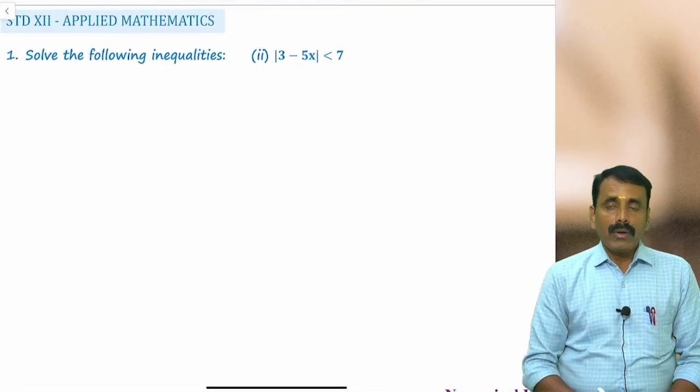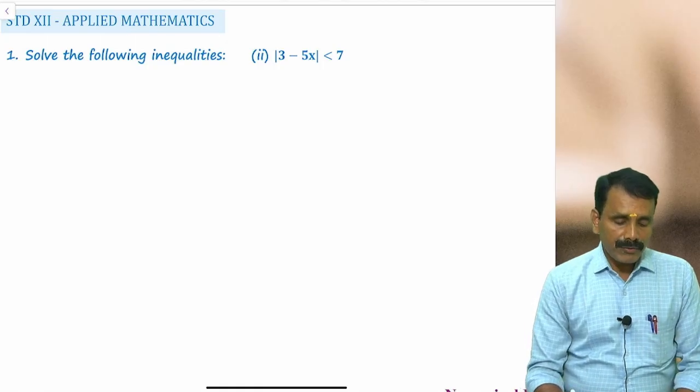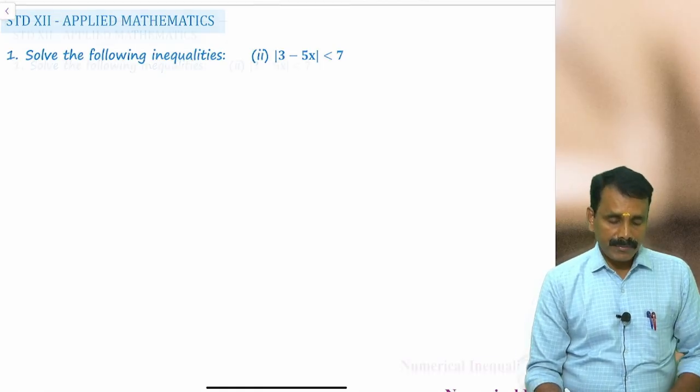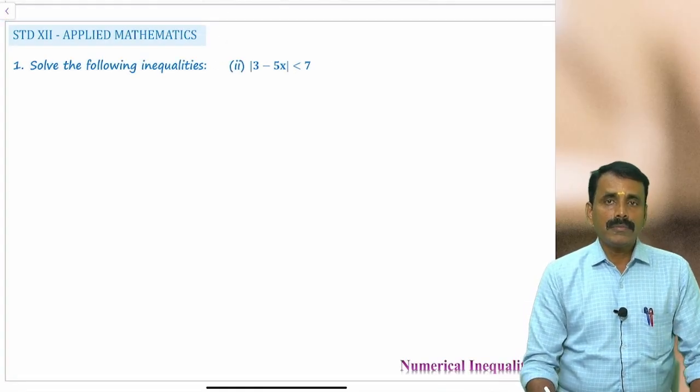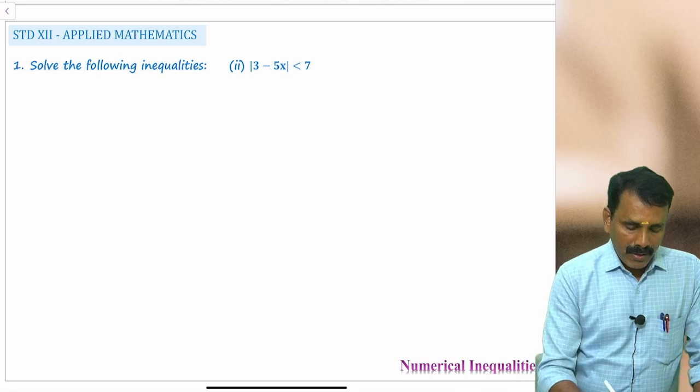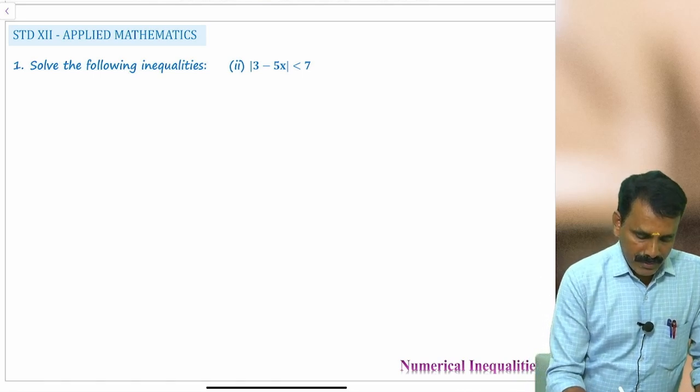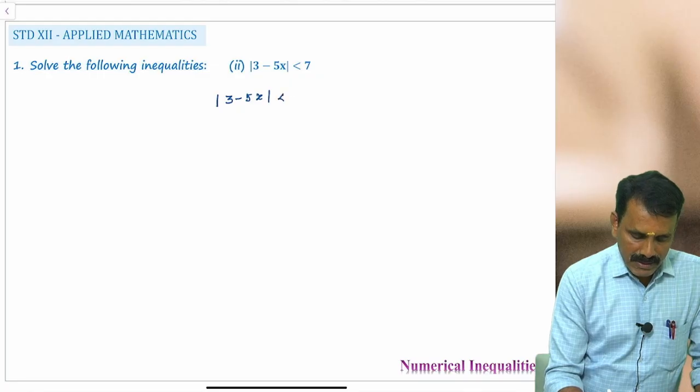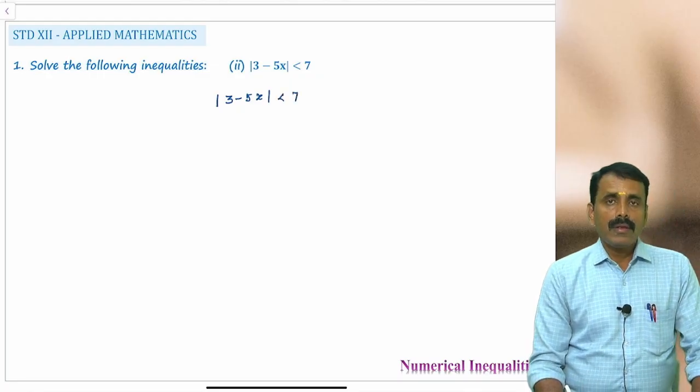Now solve the inequality: modulus of 3 minus 5x less than 7. Now we solve another problem. We have to see three things.